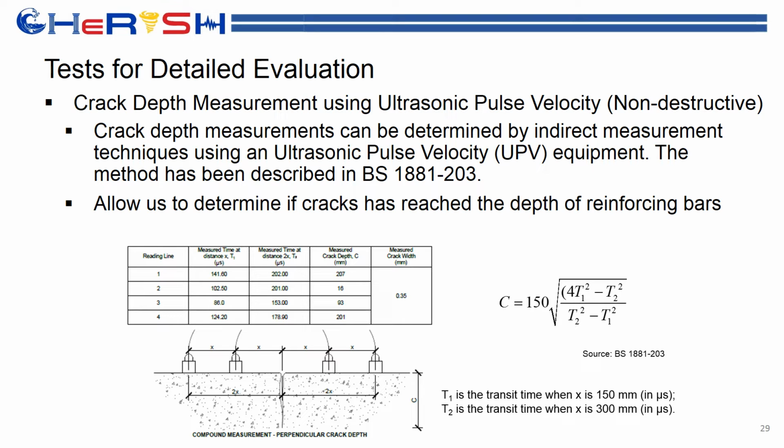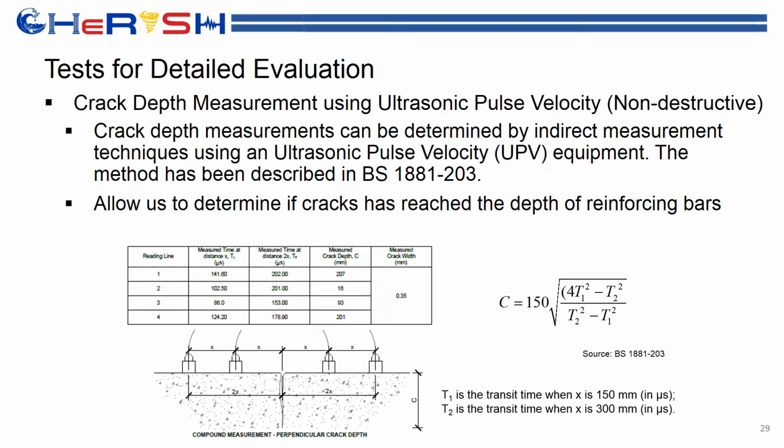and crack depth is important because it would then allow us to compare the depth of this crack with the concrete cover depth. And it is important because we know, for example, for the case of reinforced concrete, that if the crack depth reaches the reinforcing bar, then that means there's already a potential for corrosion in the reinforcement because there's already a pathway of contaminants to this reinforcing bar, and that is the reason why we would like to determine the crack depth, right?